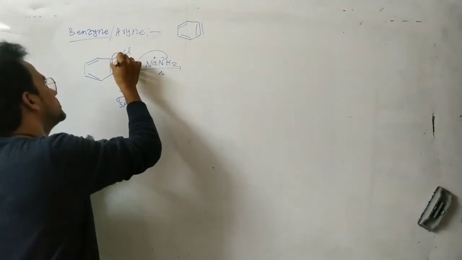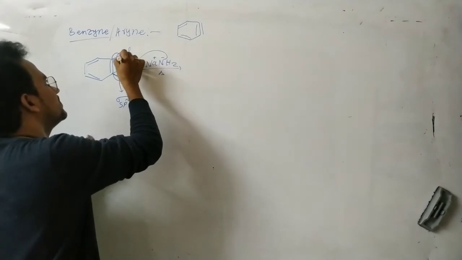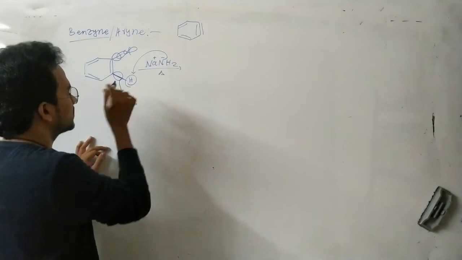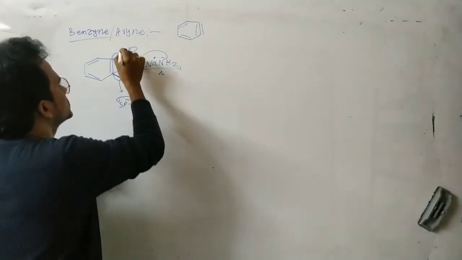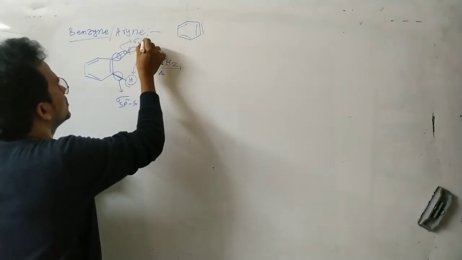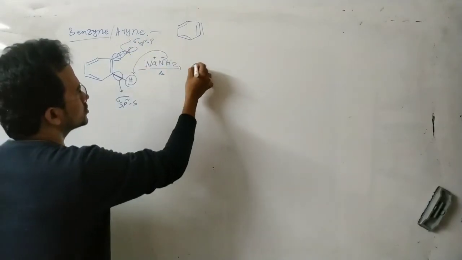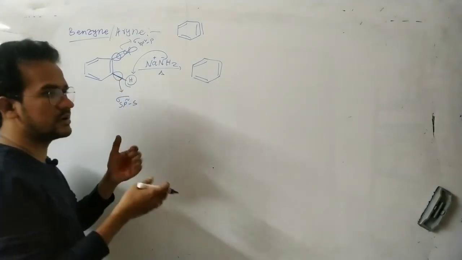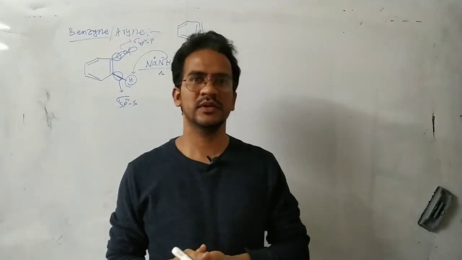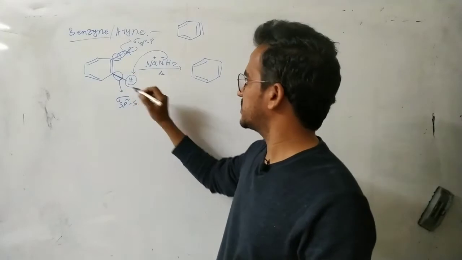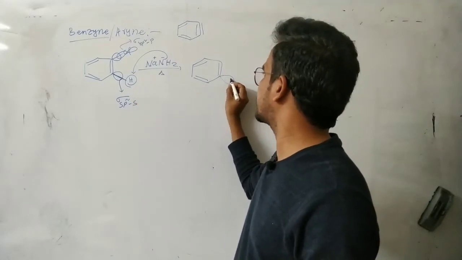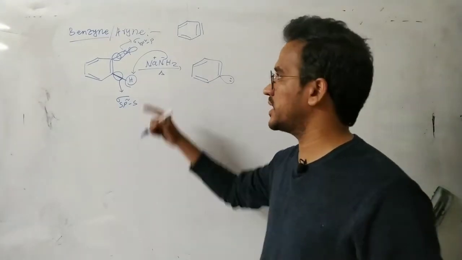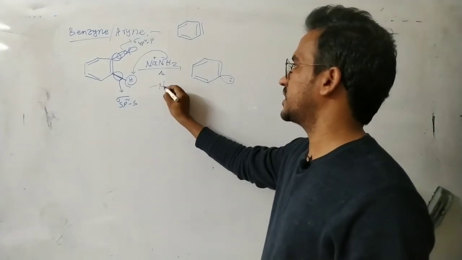Now NH2 minus removes the H plus, which means that carbon retains 2 electrons. Those 2 electrons are present in an sp2 hybrid orbital, because H plus is lost to NH2 minus. So of course here NH3 is formed.